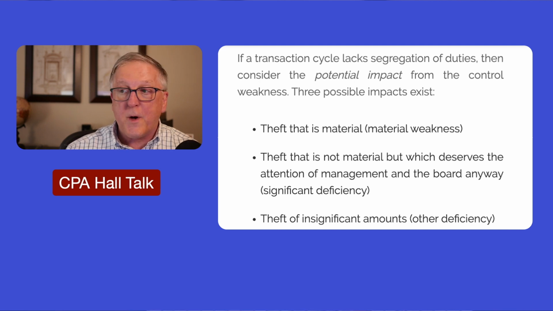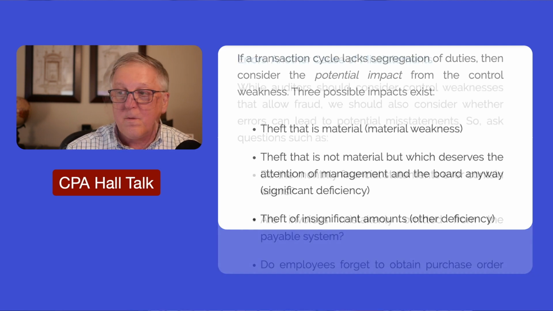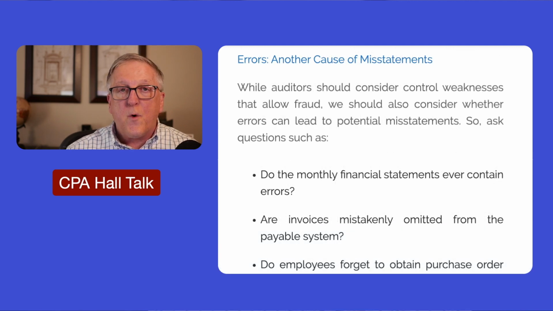We'll talk more about that in a little. As you perform your walkthroughs, we need to understand that we're not just looking for where theft might occur, we're also looking for where errors might occur. So there's only two ways that misstatements occur.